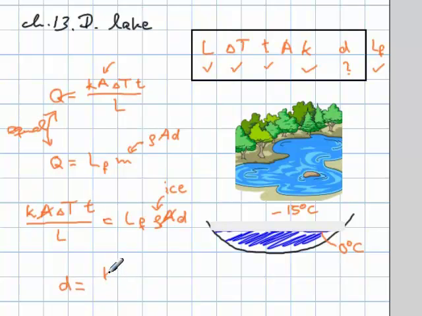So K delta T times t divided by L_F and the density rho.